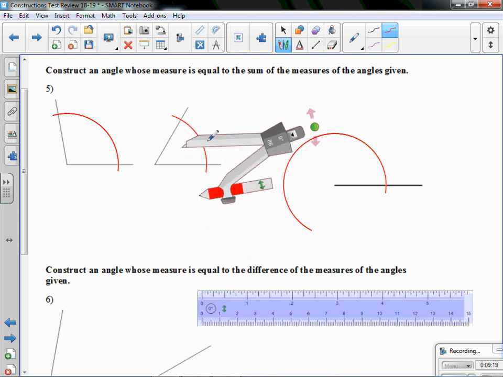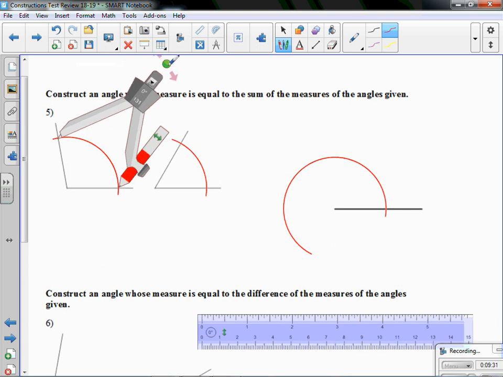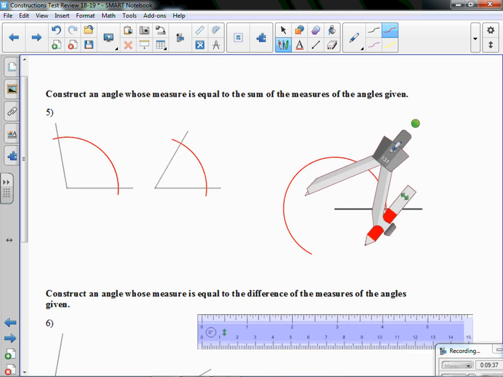So we use our compass now to measure the distance between those intersections. Measure how far apart those two intersections are. All right, come over here.